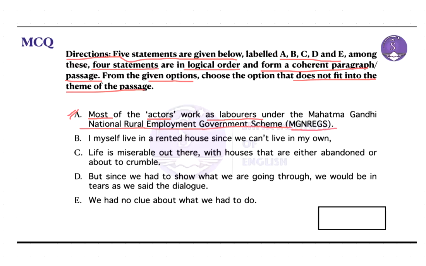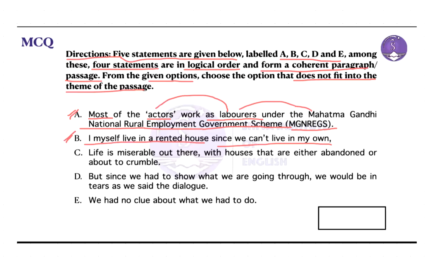So now what does this statement state? Actors work as laborers under the government scheme called MGNREGS. Now, look into the second statement. What did the second statement state? I myself live in a rented house since we can't live in my own.